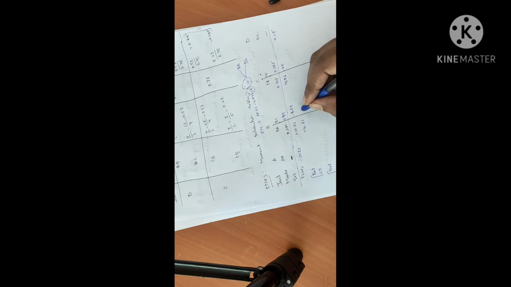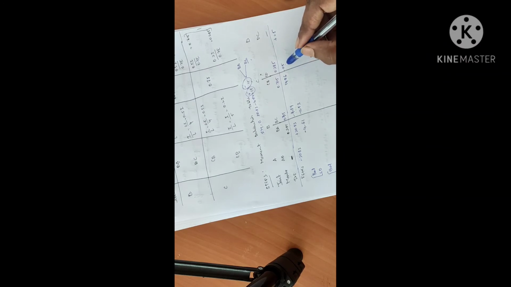And multiply with 0.715, it will be minus 11, use your calculator, 11.53. It will be minus 11.53.